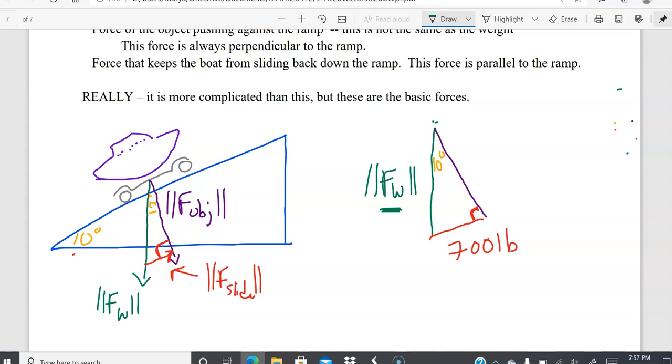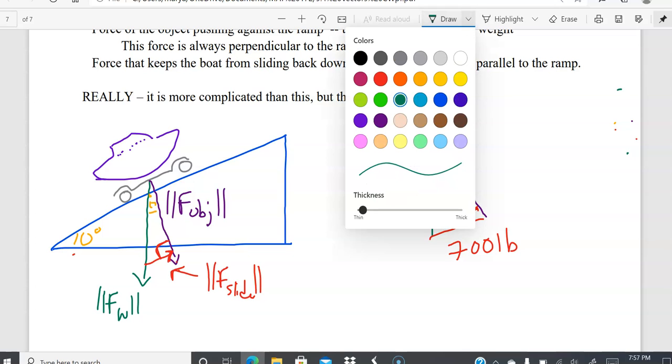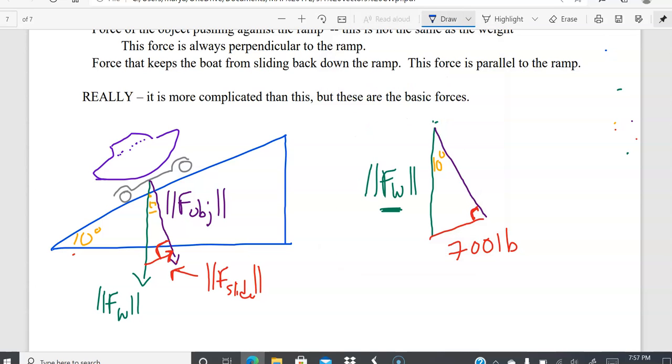So what I see is the sine of 10 degrees equals 700 over the force that I'm looking for. So I could solve for the force that I'm looking for.